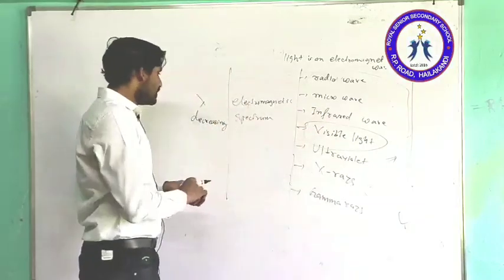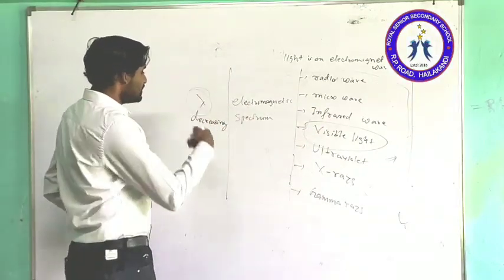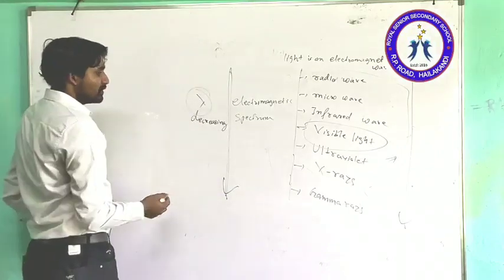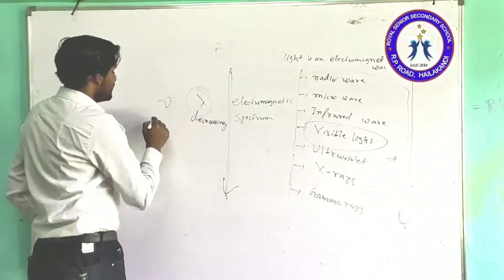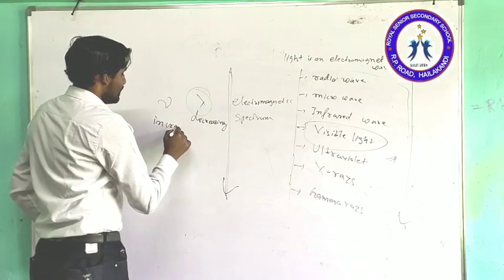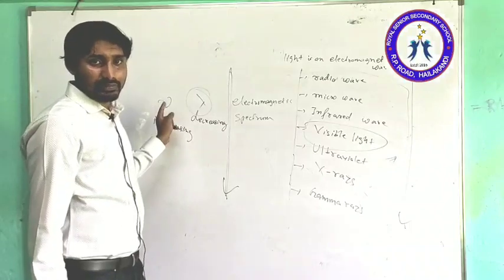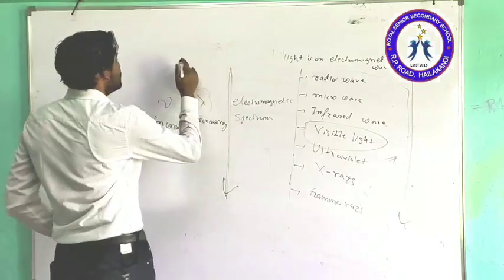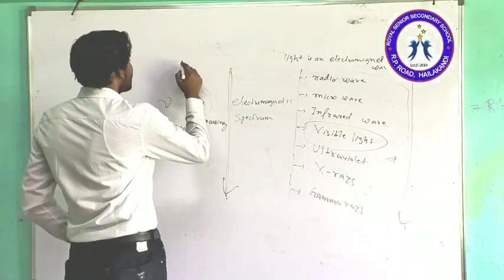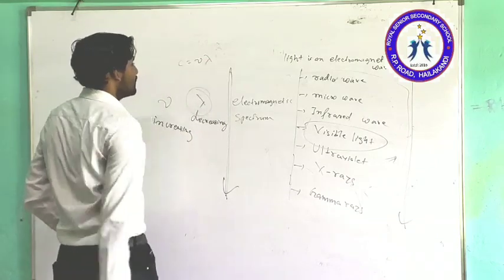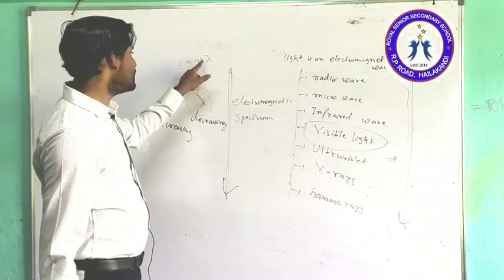If we invert that, we know that wavelength is decreasing from top to bottom, then you can also say that frequency is increasing, because wavelength is reciprocal to frequency. If you go by that relation, c is equal to nu lambda, velocity is equal to wavelength into frequency.